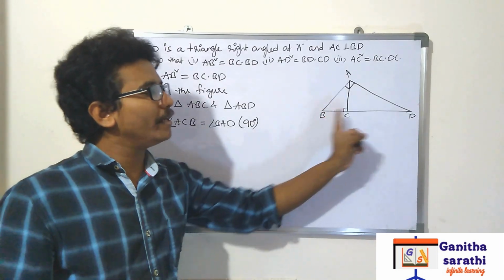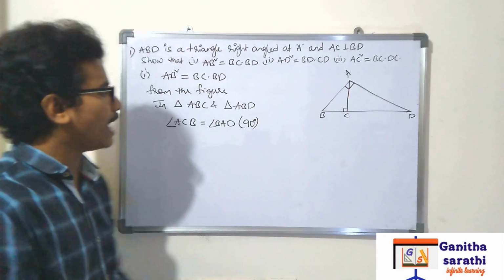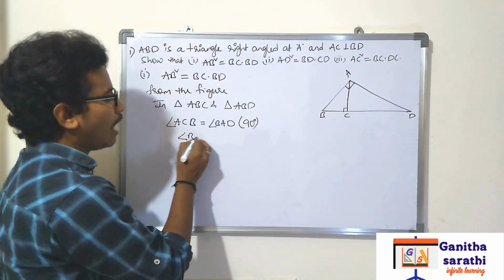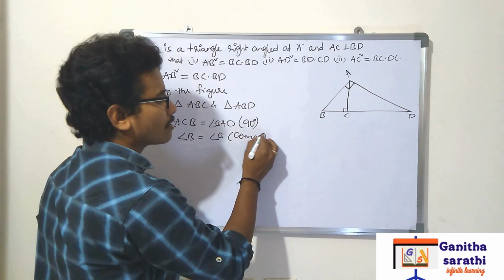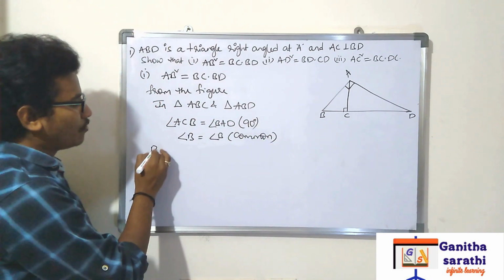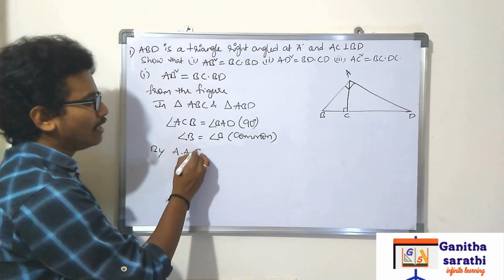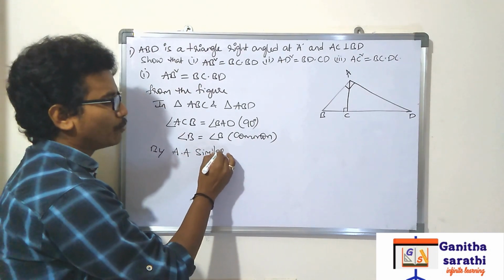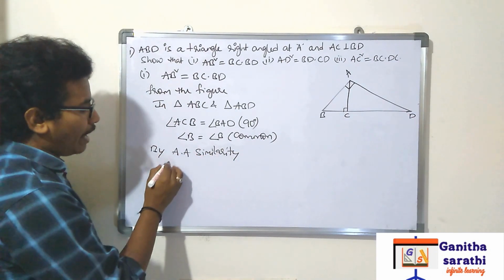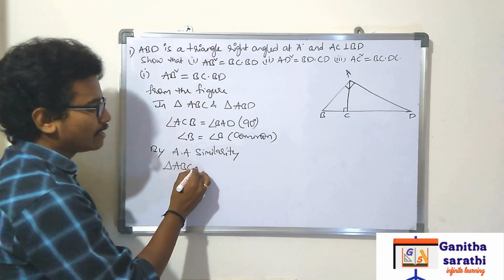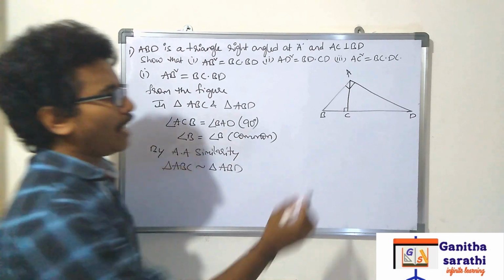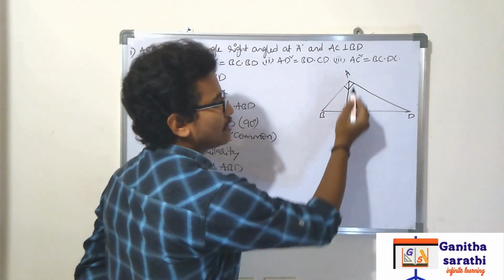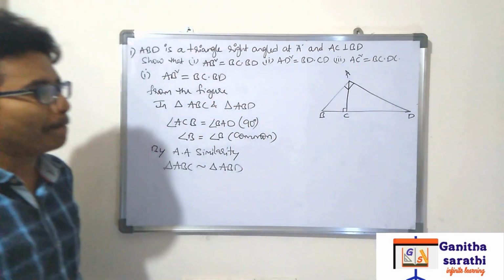In ABC and ABD, we have B as the common angle. So take angle B is equal to angle B. That is the common angle. So now, by which similarity? By angle similarity, what can you prove? We can prove that triangle ABC is similar to triangle ABD.